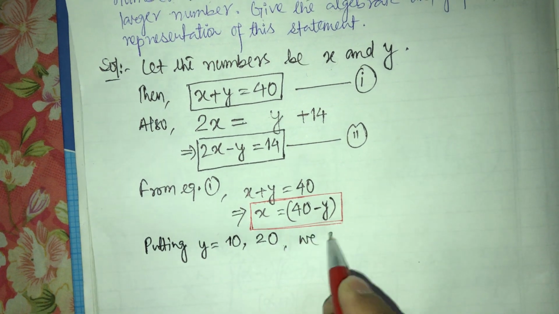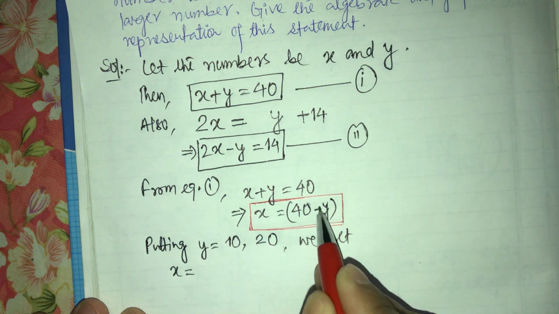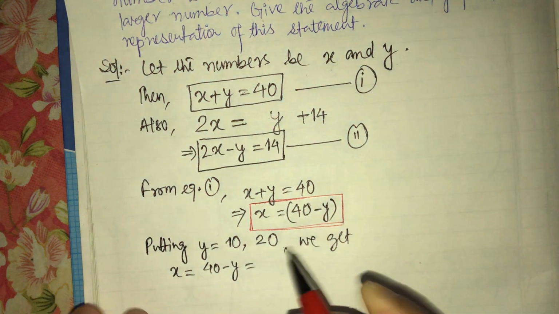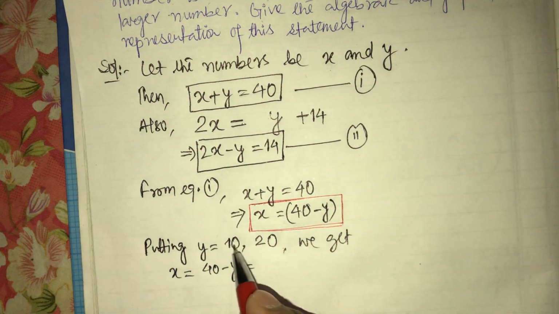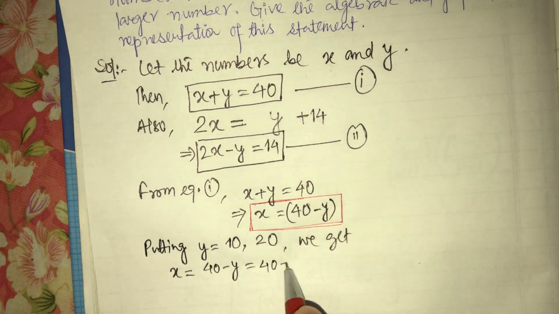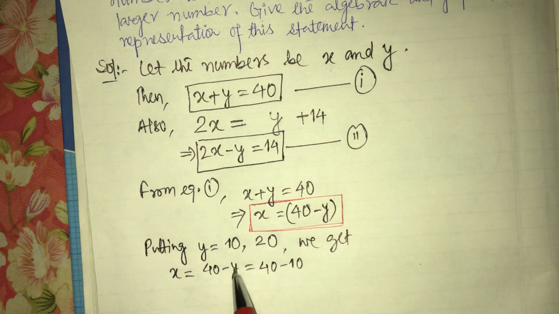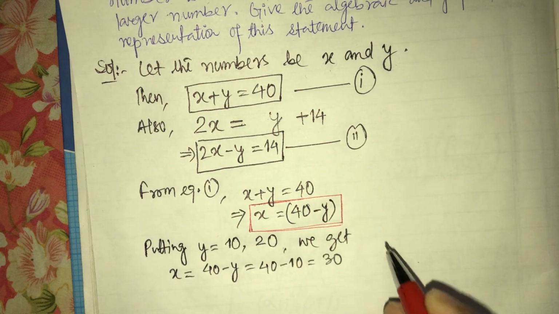We get x equal to 40 minus y. The first value of y is 10, so we use 10 here. 40 minus 10, this 10 is for y because the first value is 10. This will give 30, right?